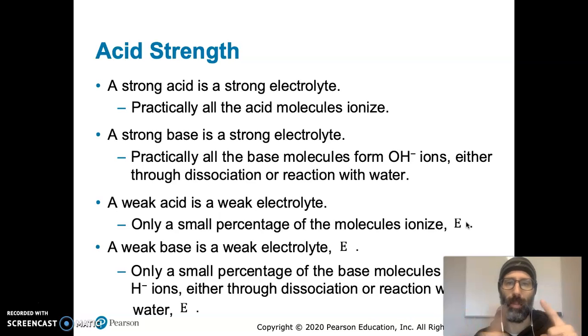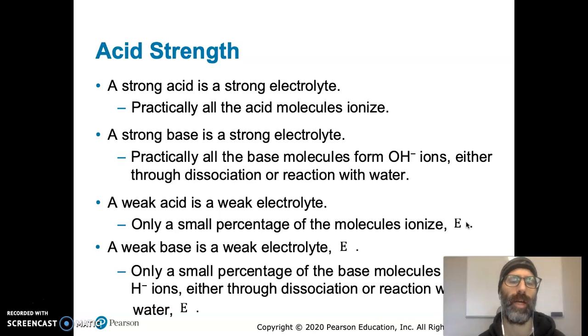So you've got that double arrow going on. You've got the forward process going on, and you've got the reverse process going on. Both of those are happening at the same time with a weak acid or a weak base. Again, a very small, tiny percentage of the molecules actually ionize for a weak acid, and for a weak base, same idea.